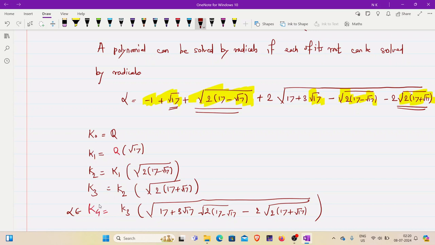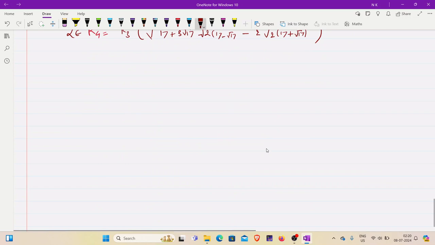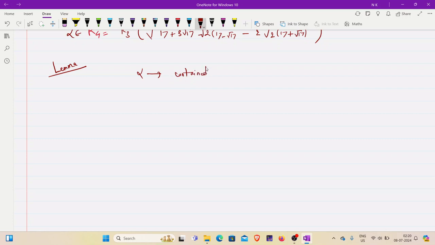Now after this example we will move to an important result, and we'll try to prove that result. Okay, so let me just write that result. Let's just call this result a lemma. The result reads like this: suppose alpha is contained in a root extension, then alpha is contained in a root extension which is Galois, and where each sub extension is a cyclic extension.